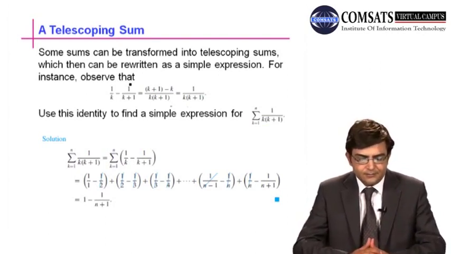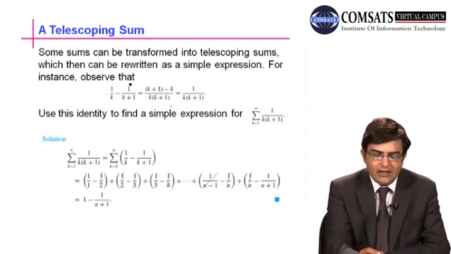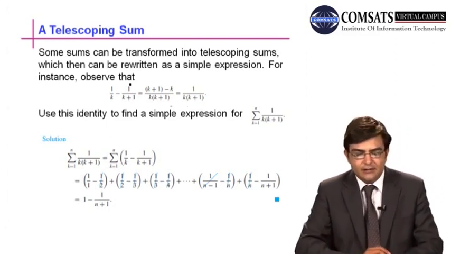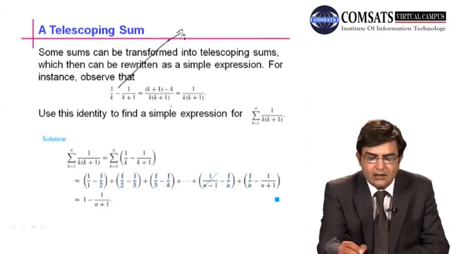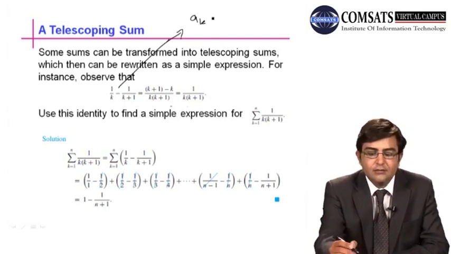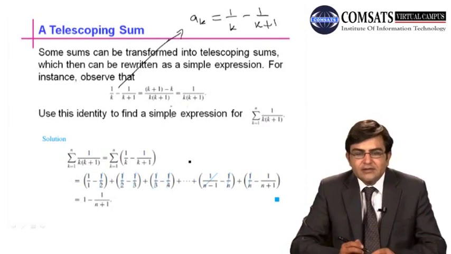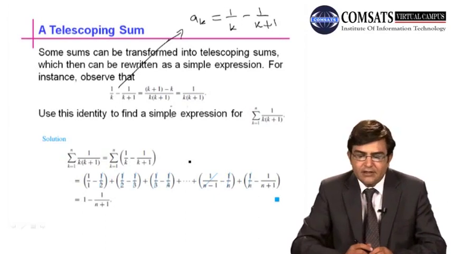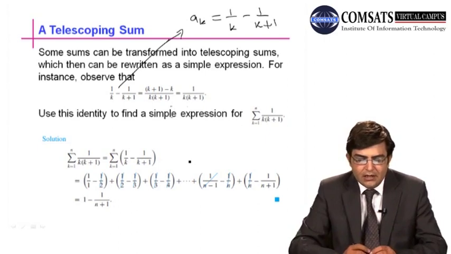For instance, we observe that if we write 1 over k minus 1 over k plus 1 as the nth term of a sequence a_k, such a general term can be simplified by doing some simple algebra.